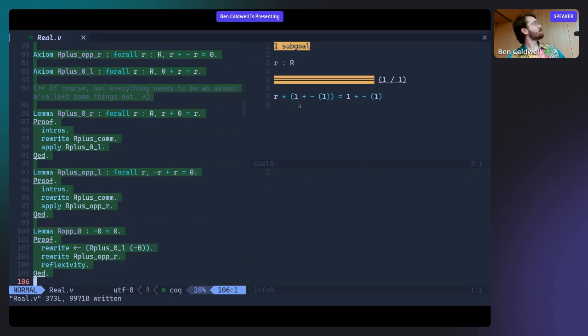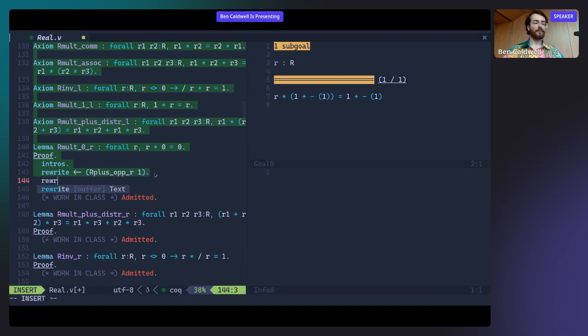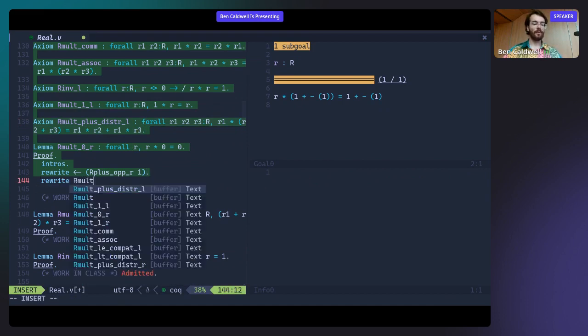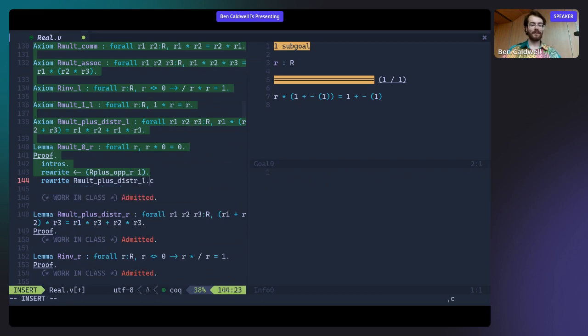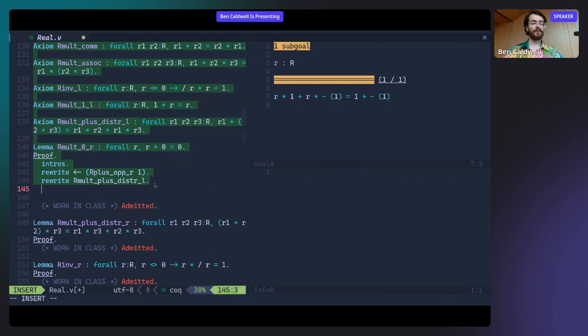Well, what was very clever about this one introduction is that now we have multiplication and addition together, right? And that allows us to immediately use this rule, the distributivity rule. So we can mult plus, right? And now we have r times 1, which is what you said you were looking for earlier, right? So of course we're going to do a rewrite r mult 1 r.